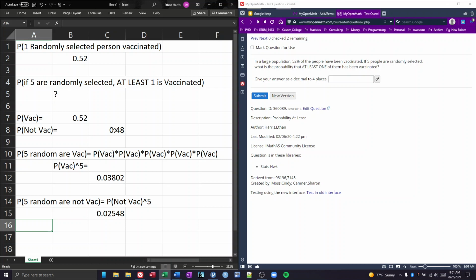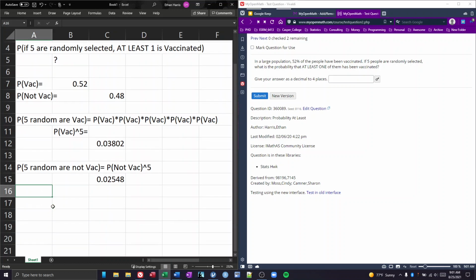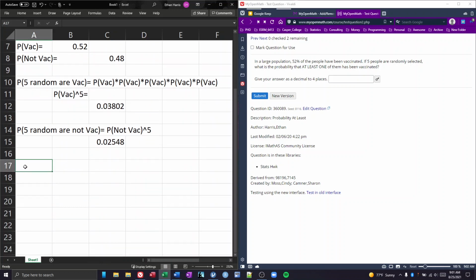So let's try another step. Let's try to take the complement of what we worked on. So let's do the probability of 5 random are vaccinated, and let's do the complement of that. Let's put in another parenthesis, up C, and let's just theoretically figure out what that would actually mean.